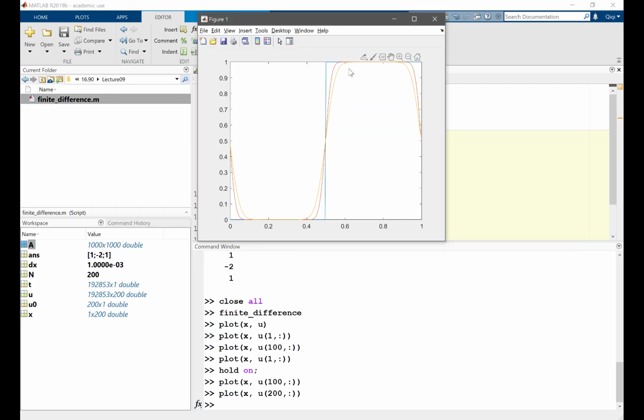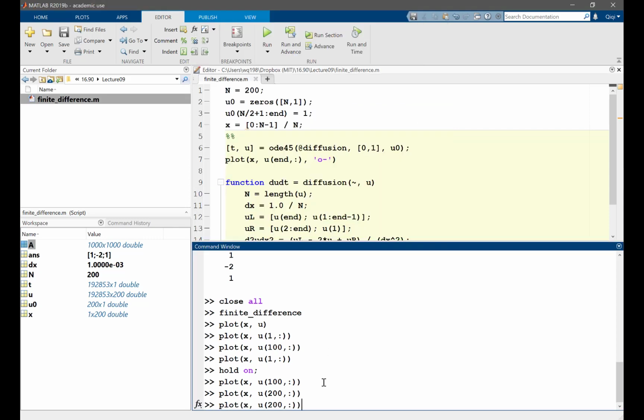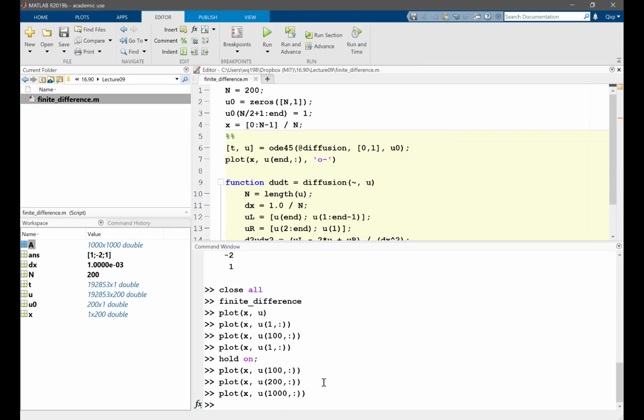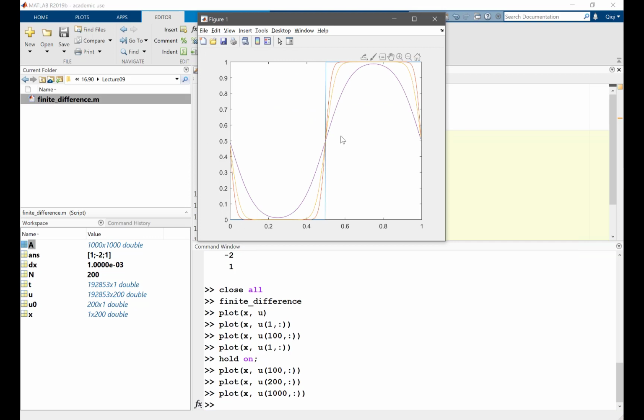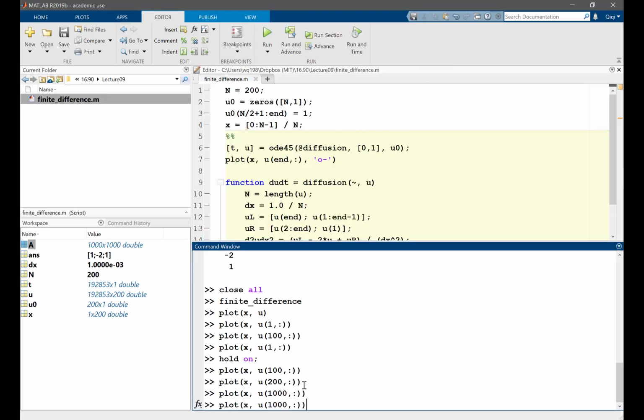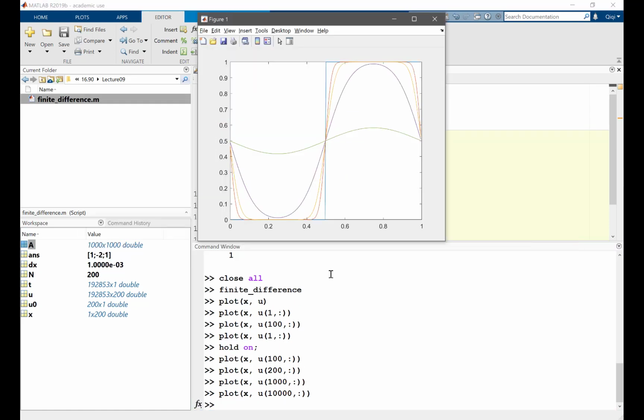You see the solution is even smoother, right? So see 1,000 steps, and the solution gets diffused into a sine wave. And if I track the 10,000 step, then even the large scale variation gets more and more uniform, right?